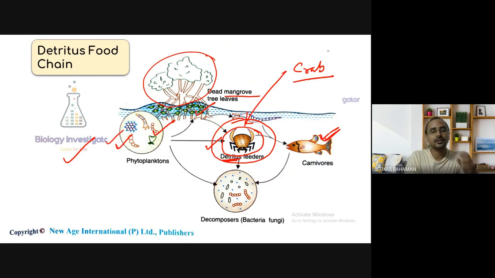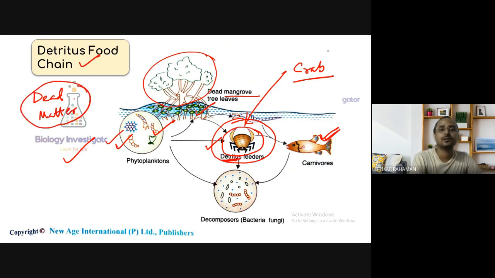So this detritus food chain can start from dead matter, right? It is starting from dead matter, not from living matter, not from any living plant or living phytoplankton. No, this is starting from dead matter, and this dead matter is being consumed by detritivores, and further this detritivore is being consumed by some carnivorous fishes.